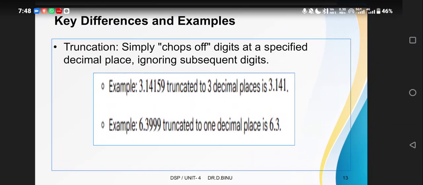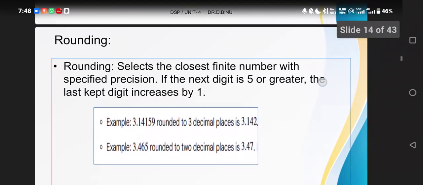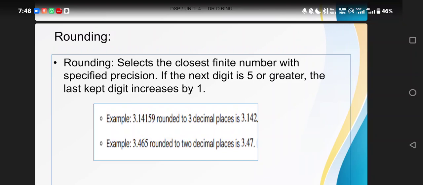Truncation simply chops off digits at a specified decimal place, ignoring subsequent digits. Rounding selects the closest finite number with a specified precision. If the next digit is 5 or greater, the last kept digit is increased by 1.